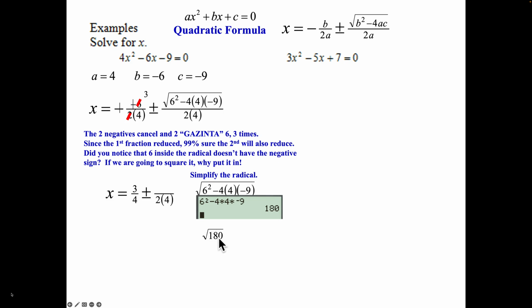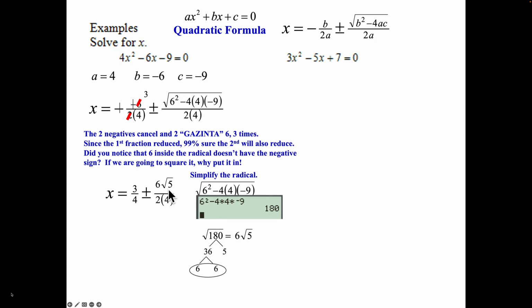So since this ends in a 0, I could go 18 and 10, but neither one's a perfect square. If I were to divide this by 5, 180 divided by 5 is 36. This is a perfect square. So the square root of 36 is going to be 6, and the 5 will stay on the inside. There's my 6 times 6 squared that I can take out of the square root.